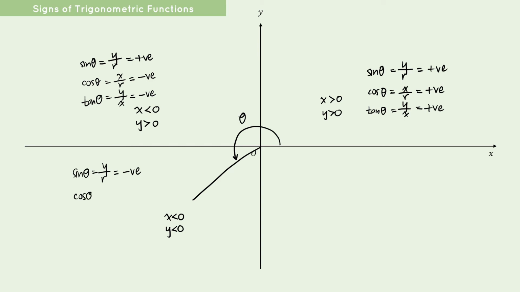Cosine theta is x over r, so we're taking a negative number divided by a positive number, so it's negative. Tangent theta is y over x, negative divided by negative, so it's positive. So in the third quadrant, only the tangent is positive.